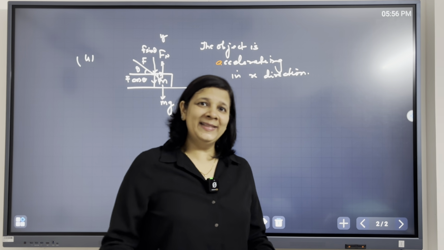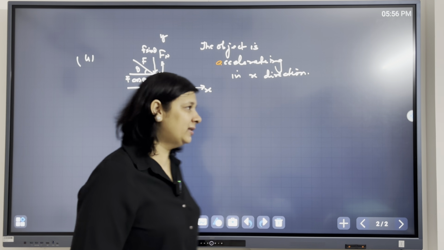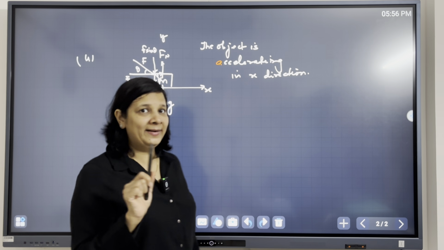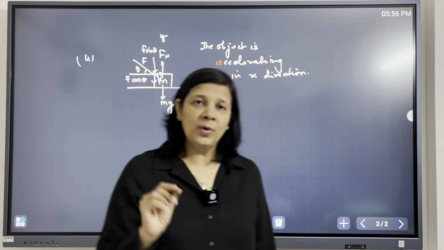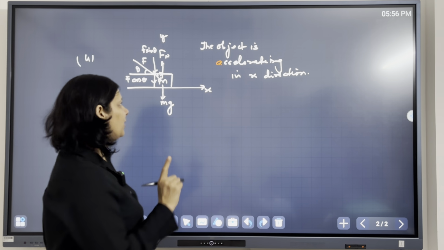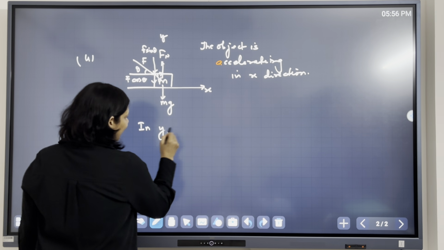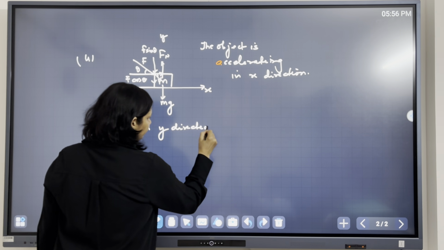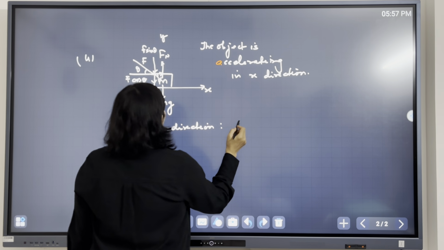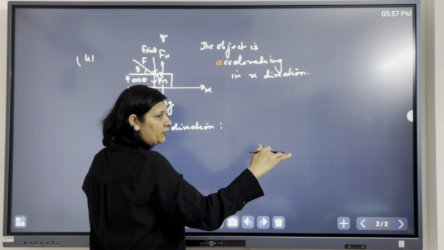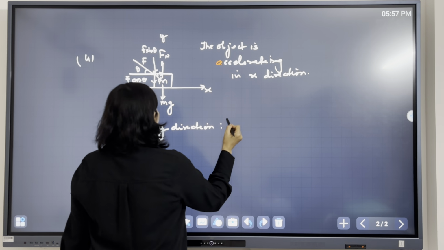Okay, so now in this case, what will be the normal force? The object is not accelerating in y direction, so all the forces will balance each other. So in y direction, total downward force will be equal to the upward force.